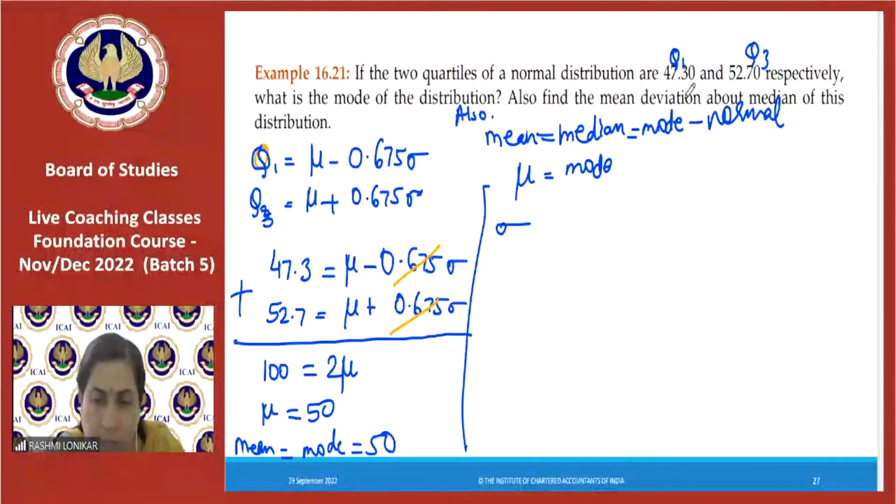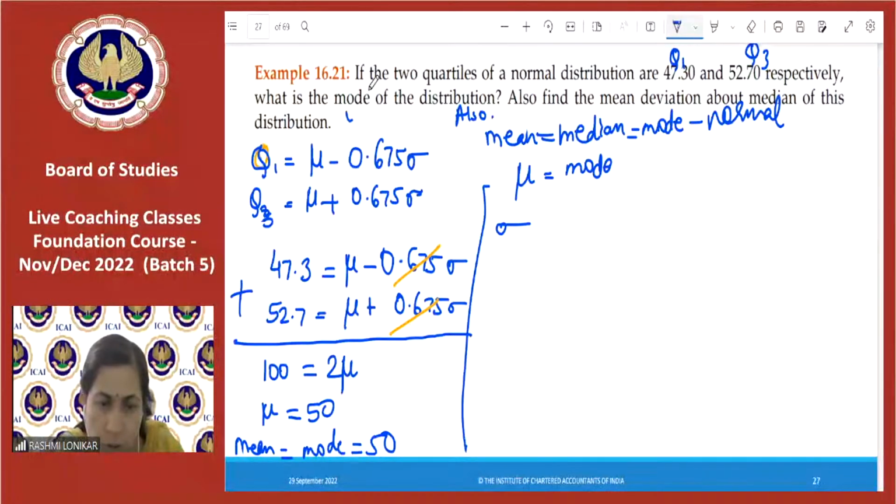Okay. Find the mean deviation about the median of this distribution. What is mode? I have answered. What is mean deviation? I have to find out. Let me first write down the equation. So 47.3 is equal to mu minus 0.675 sigma.